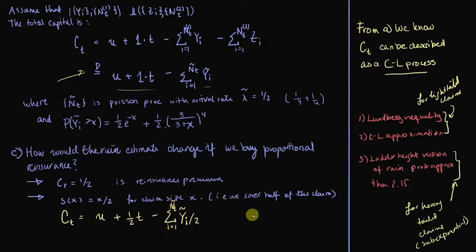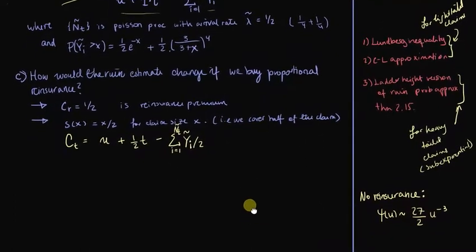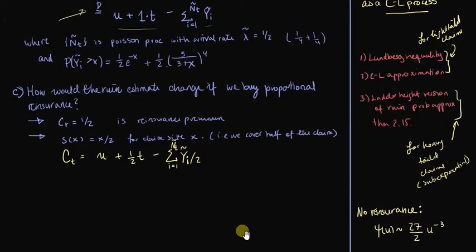So what we just basically have to do now is recalculate our ruin estimate. Now the only thing that's happened to the claim sizes is that the claim sizes are now half as big as they used to be. So it's just a scaling of the claim sizes. Hence, these claim sizes here are just as heavy-tailed as they were before.